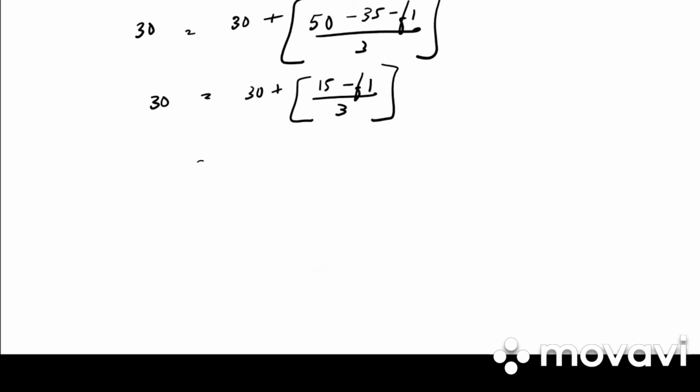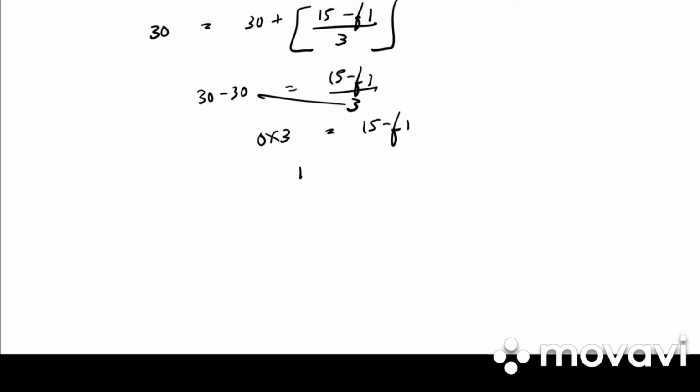So we will bring this 30 to left hand side. It is 30 minus 30 is equal to 15 minus F1 divided by 3. So 30 minus 30 is 0. If we get 3 that side, 15 minus F1. So 0 is equal to 15 minus F1. F1 will be equal to 15.